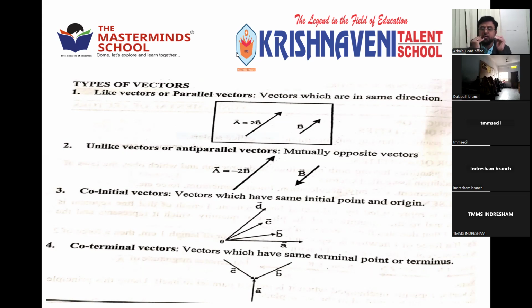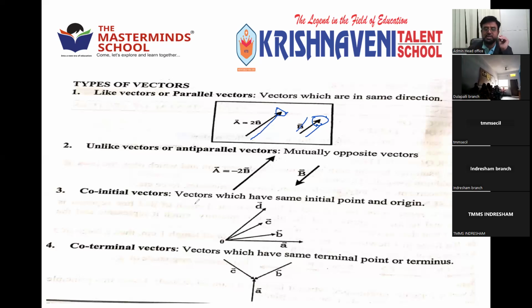Whenever 2 or more vectors travel in the same direction, magnitude may be different. You can see here, what is magnitude? Magnitude is nothing but the length of the tail, and the arrow is the direction. The magnitude is more here when compared to this, but they are moving in the same direction. As they are moving in the same direction, they are called like vectors or parallel vectors.